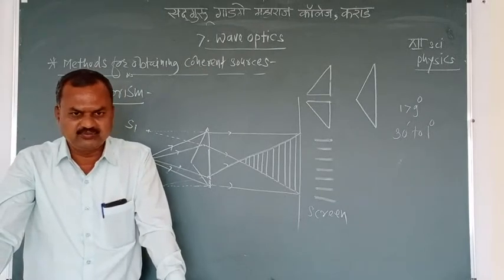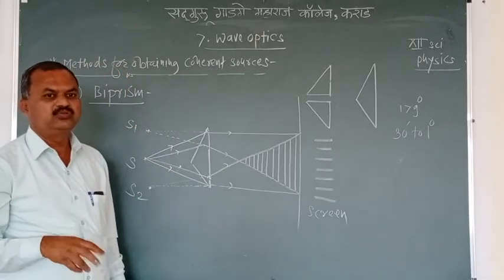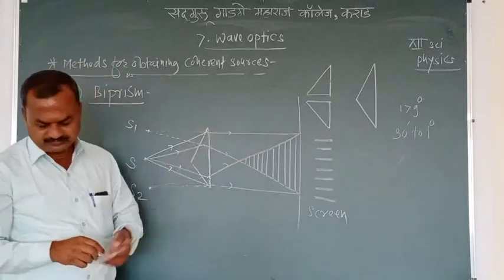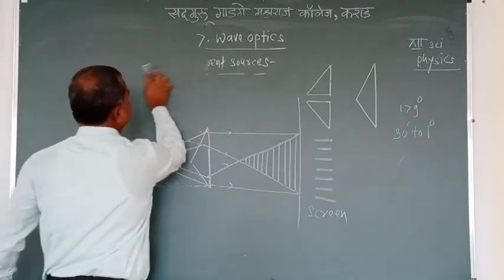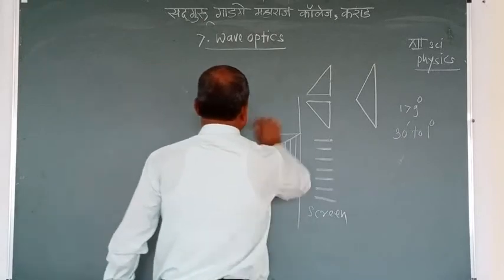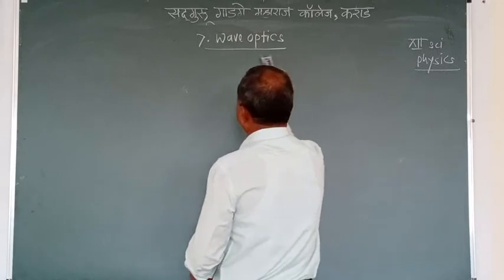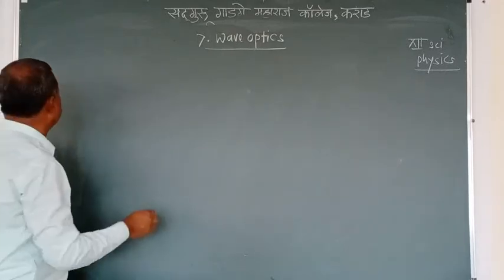In this way, we obtain two coherent sources. Two methods for obtaining coherent sources: one, Lloyd's mirror, and second, biprism. This is about methods for obtaining coherent sources. Then the next point is optical path.